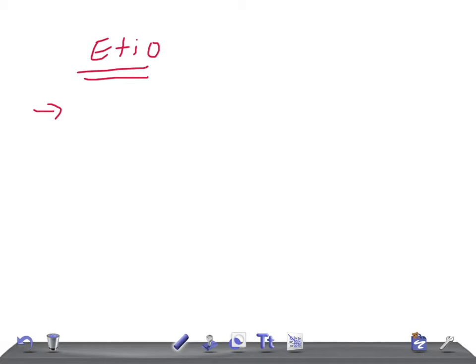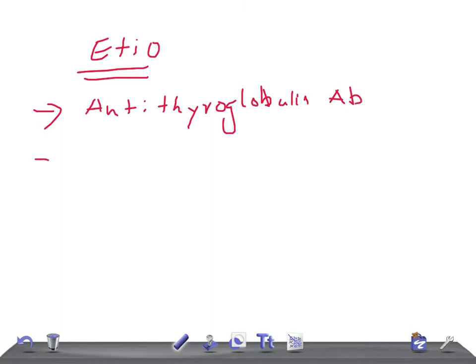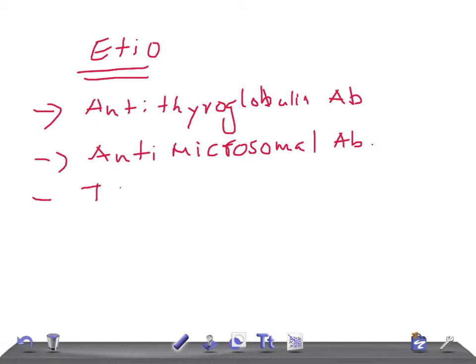It also has anti-thyroglobulin antibodies, anti-microsomal antibodies, and thyroid stimulating receptor antibodies, the TSH receptor antibodies. These are really very important, guys.